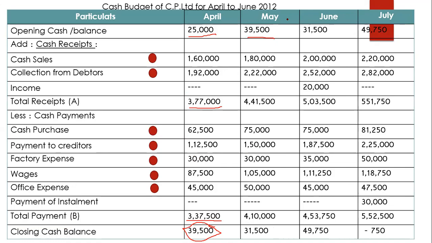In May, we'll add 39,500 plus 1,80,000 plus 2,22,000, which is equal to 4,41,500. Then the total of 75,000, 1,50,000, 30,000, 1,05,000 and 50,000 is 4,10,000. So we'll subtract 4,10,000 from 4,41,500, and our closing balance will be 31,500.